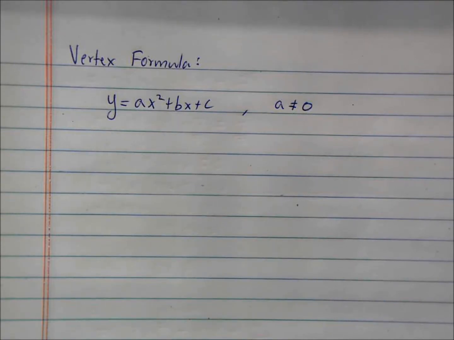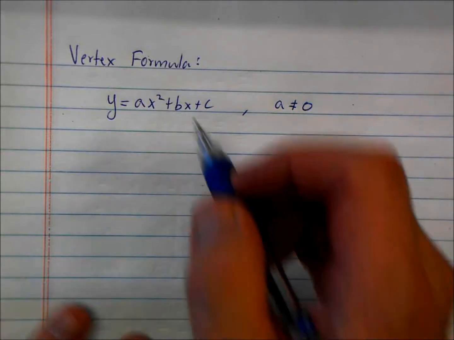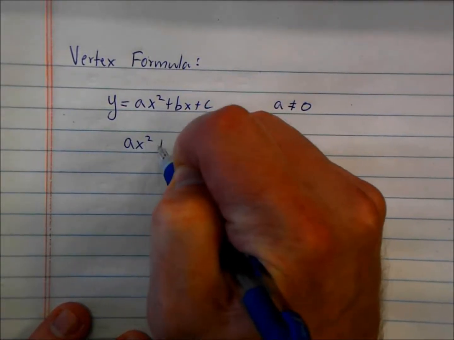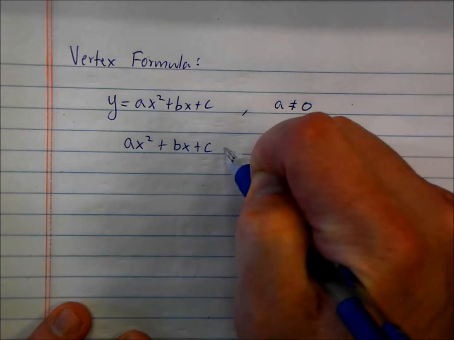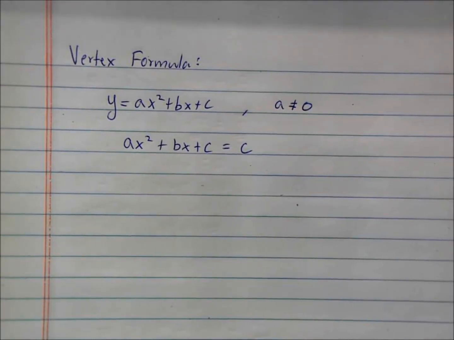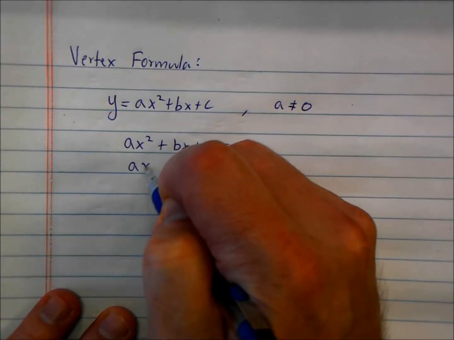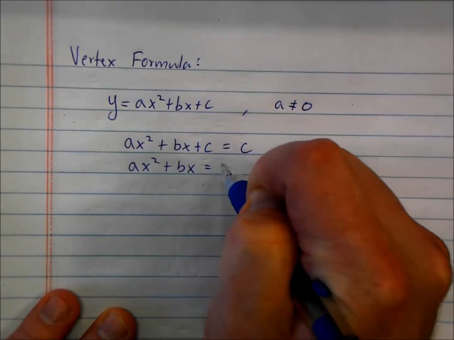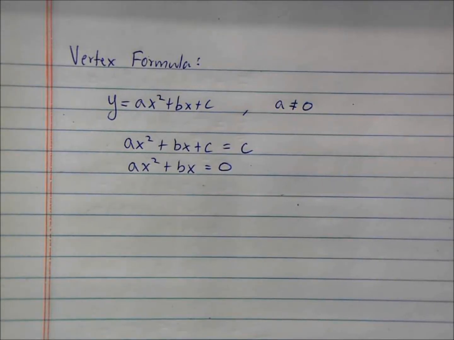All I have are letters, a, b, and c. But I want to find the vertex still. How would I do that? I take the equation and I set it equal to c, whatever that number is over there, right? So I would take ax squared plus bx plus c, and I would set it equal to c. That's what we've been doing each time. I subtract c on both sides. I get ax squared plus bx equals 0.